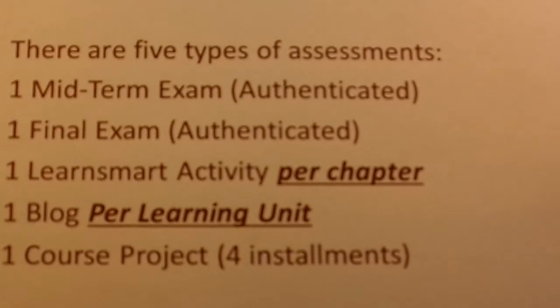There's a blog, which is kind of like class participation, 1 per learning unit. And then I've designed a course project. So the course project is 4 installments, and it's not something you need to do in Connect. In fact, it's something I've established as a series of Blackboard tests, and I have a document you read before you do that.